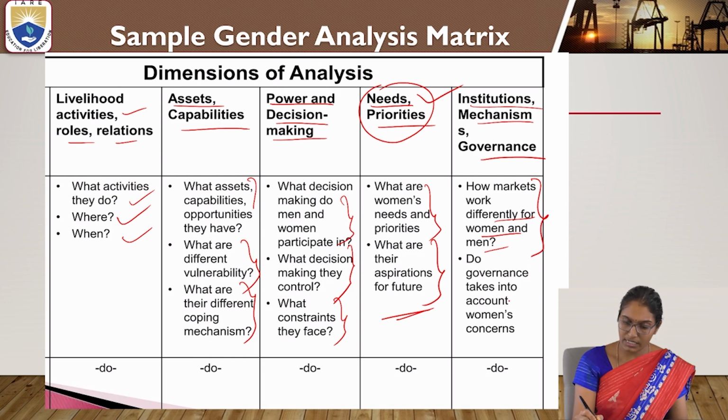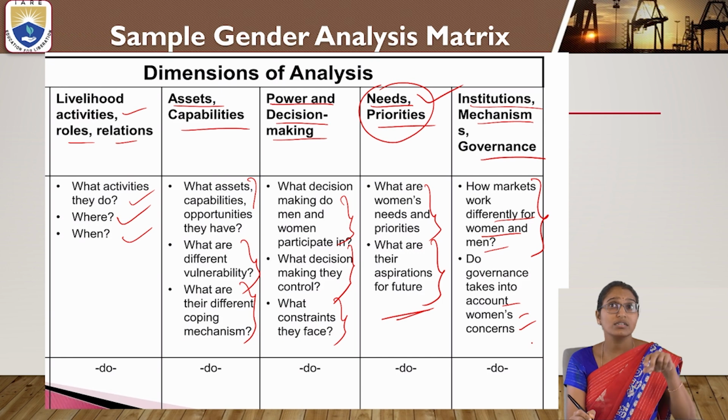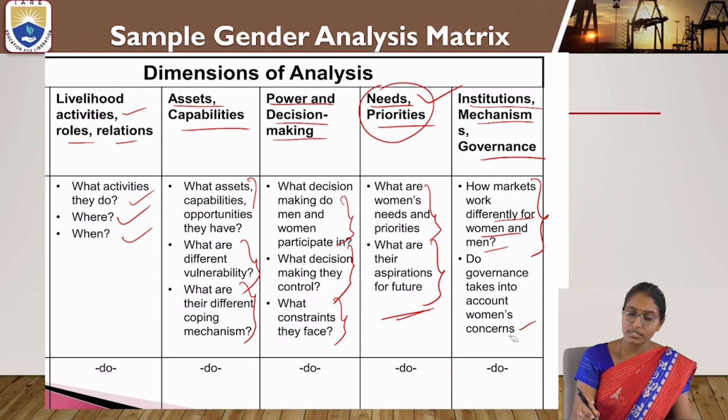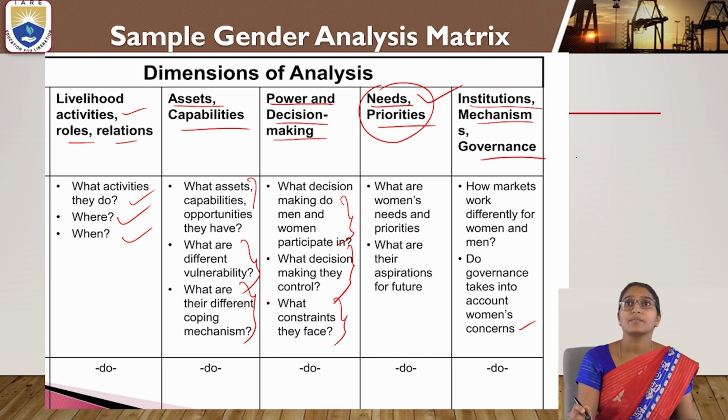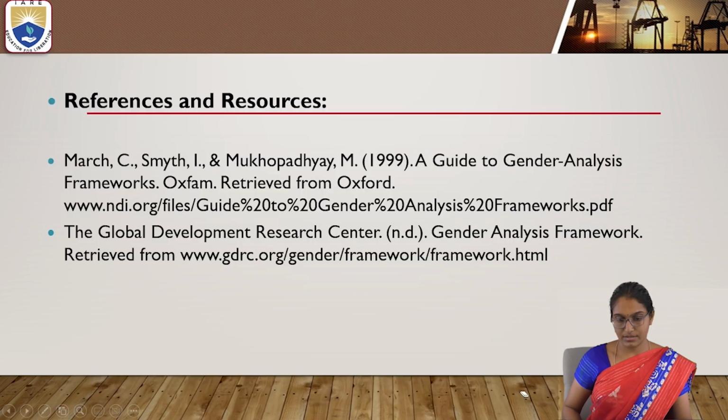Does governance take women's concerns into account? With respect to women's concerns, is governance giving some allowances or priority to women, or is it the same for all? So these are the key factors for analyzing the gender analysis matrix.